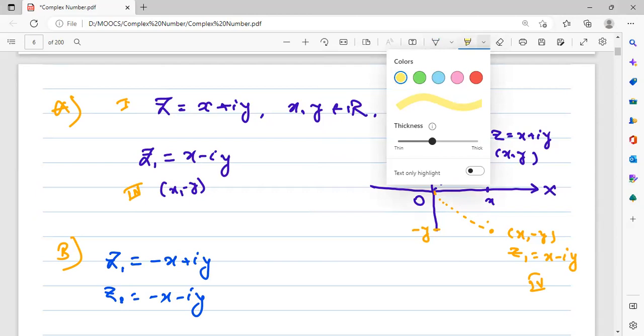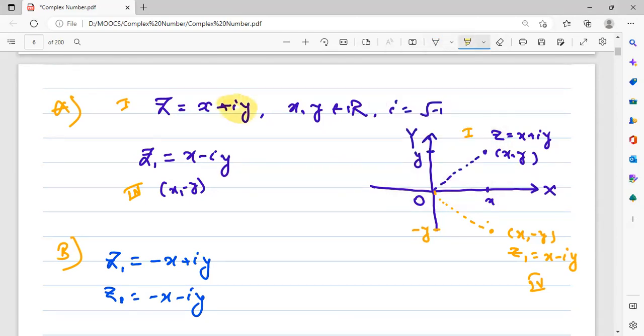I am changing the sign of the imaginary part. The plus sign I have changed to a minus sign. Only the imaginary part is changing.